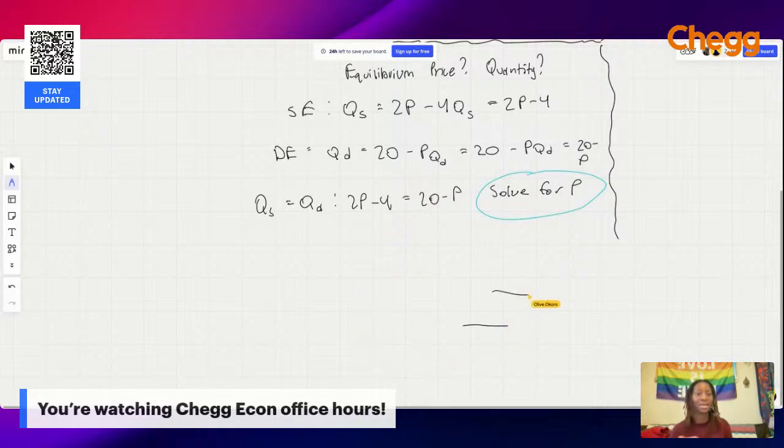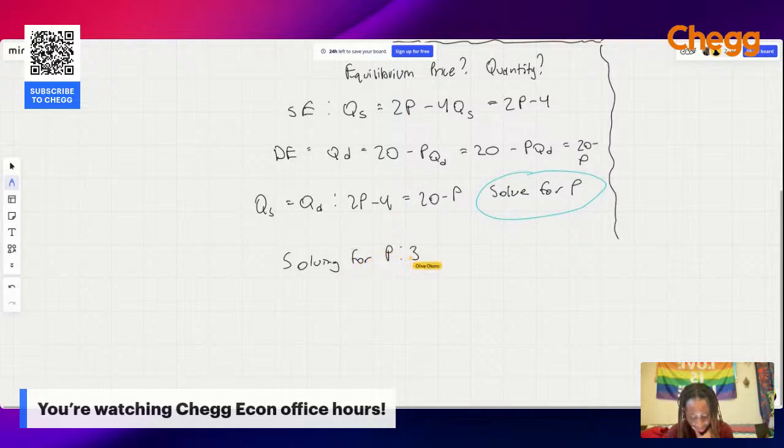After you write down that quantity supplied equals quantity demanded, you're going to solve for P. Solving for P would be 3P equals 24.